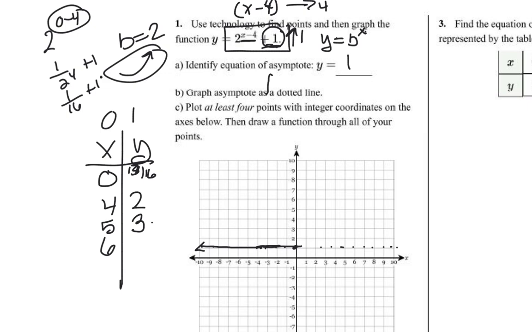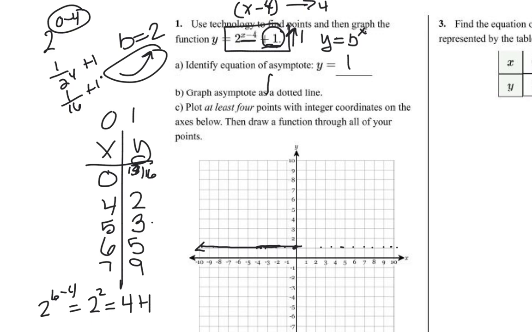If I plugged in 6, 2 to the 6 minus 4 is 2 squared, which is 4, and then we add our asymptote 1, so it'll be 5. We did 7. 7 minus 4 is 3, so 2 to the third is 8, plus 1 would be 9.